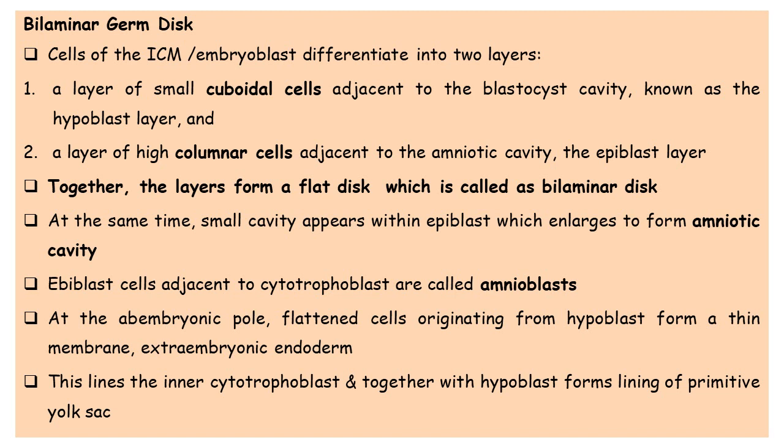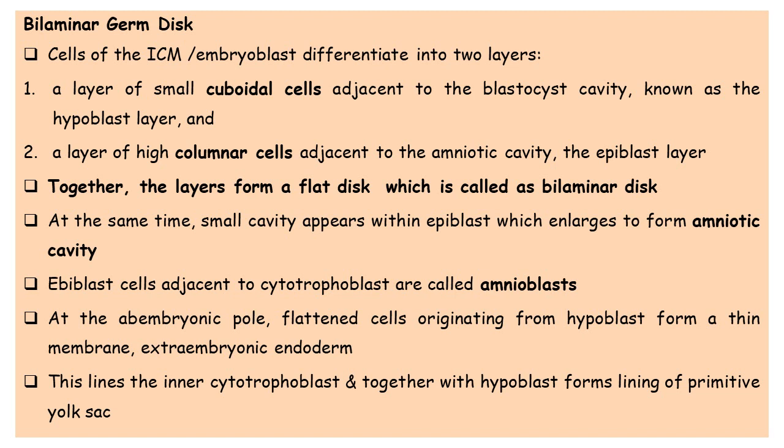That cavity enlarges in size and forms the amniotic cavity. The cells which are above the amniotic cavity and adjacent to the trophoblast are called the amnioblasts, and the cells present at the floor of the amniotic cavity are the embryonic epiblast, which is going to form the proper embryo.